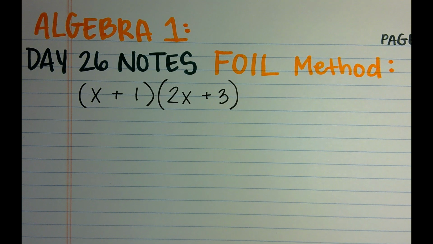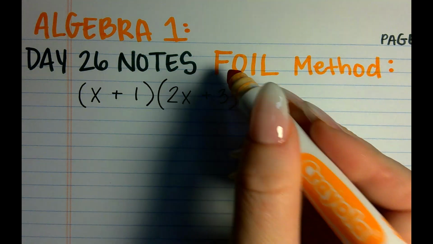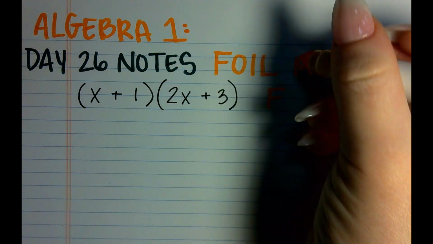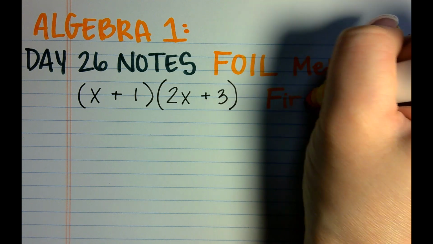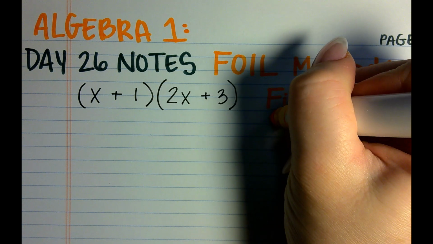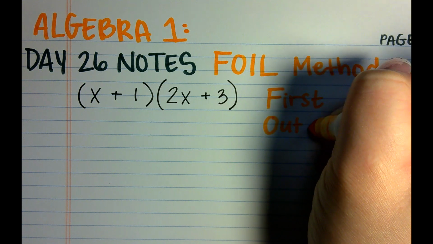Here's what FOIL means. F means first. O means outer.